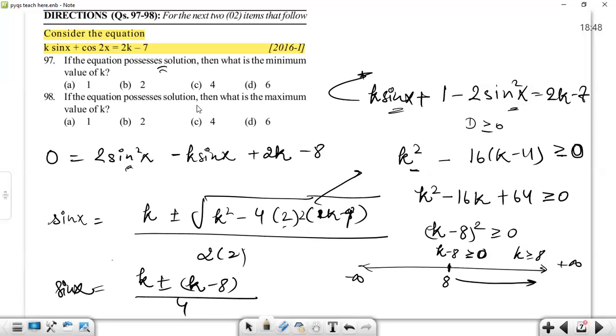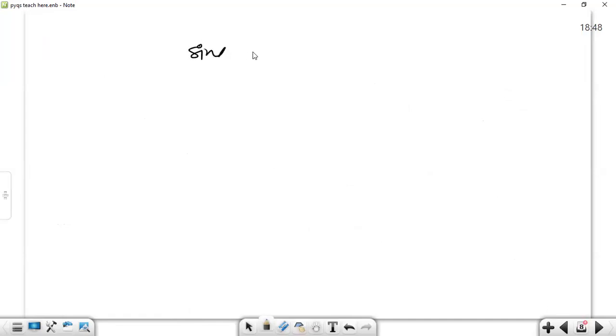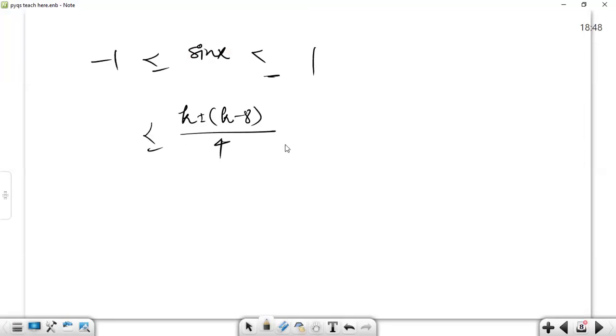Now we know that sin x has a particular range. Raj Krishna, what is the range of sin x? Minus 1 to 1, sir. Good. So sin x is equal to this, and the same range will also apply here. The 4 will be multiplied on both sides.